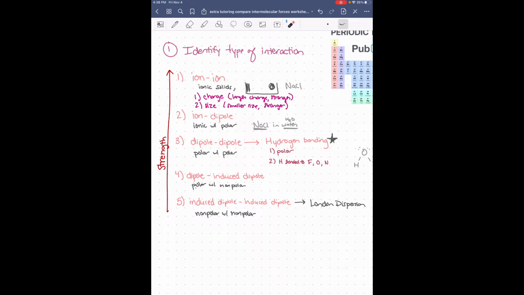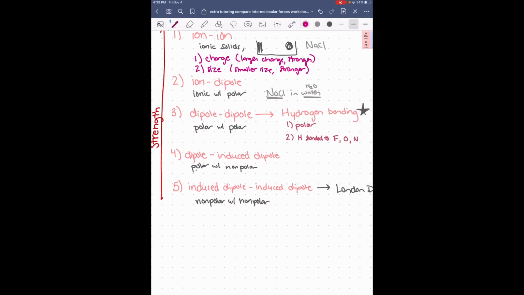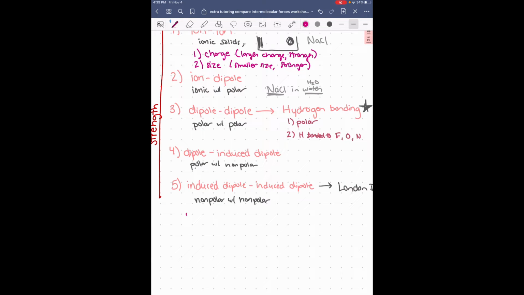Polar, you don't necessarily compare polar to other polar ones unless you have hydrogen bonding. So if you have 2 things that are polar that you're trying to compare and differentiate the strength, chances are you have something that has hydrogen bonding. So always check for hydrogen bonding if you have something polar. And then for London dispersion, or your induced dipole, your stuff with nonpolar molecules, you compare by the more massive is stronger.